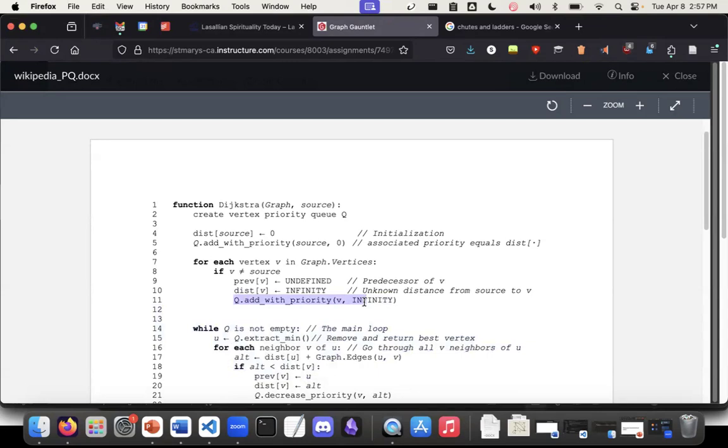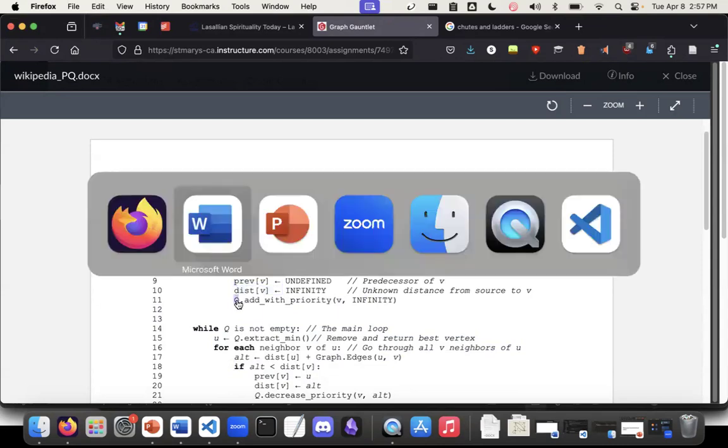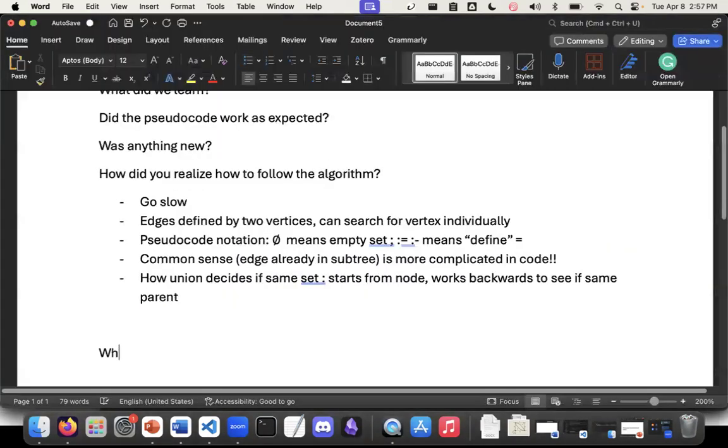So someone tell me what's the point of the previous thing? What's the point of the distance thing? What's the point of having queue? Just in plain words.